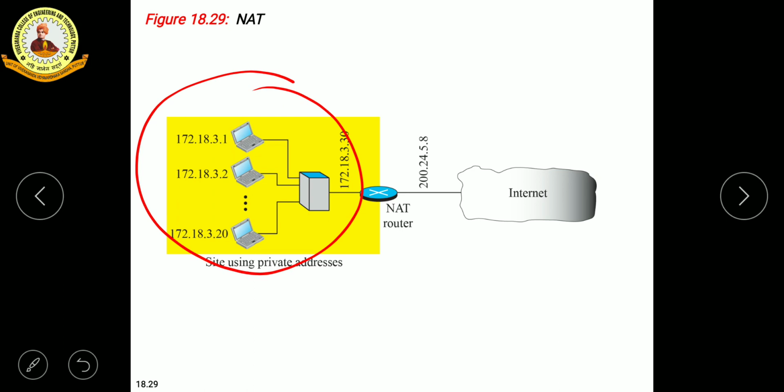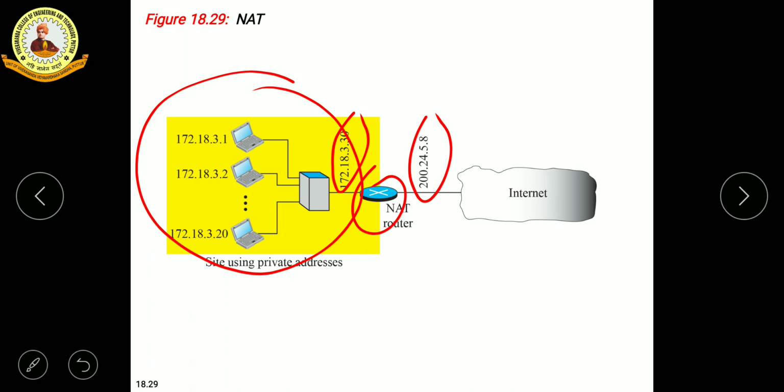As I've already told you in class, there are two types of IP addresses, public IP addresses and private IP addresses. The router that connects the network to the global internet uses one private address and one global, that is public, address.